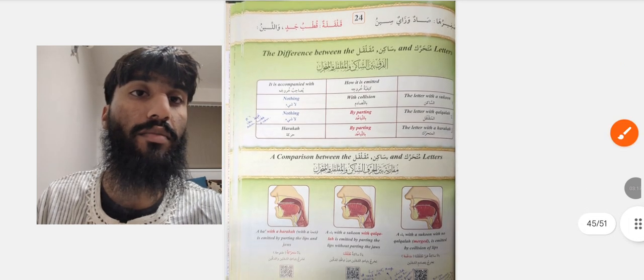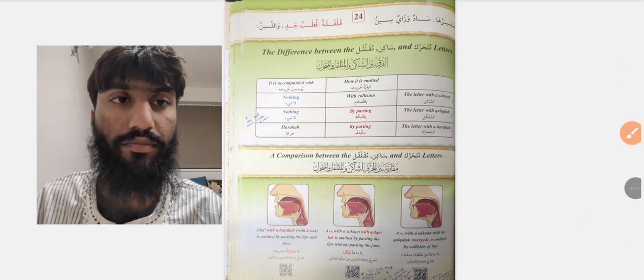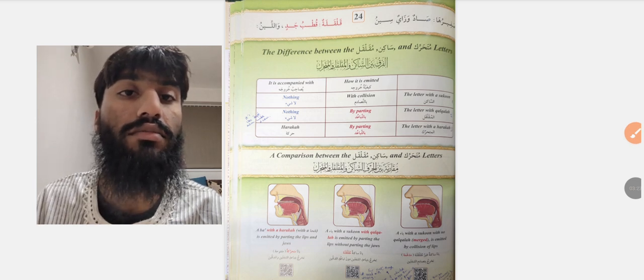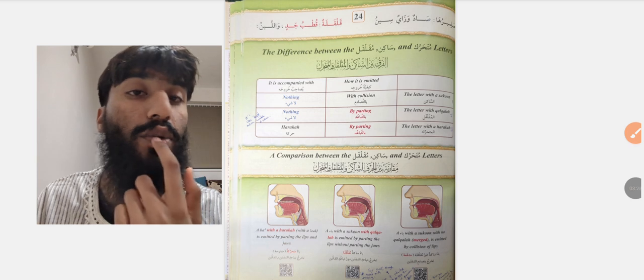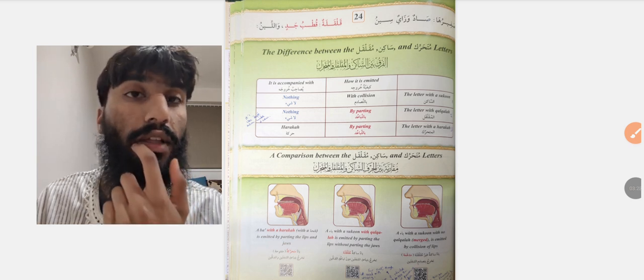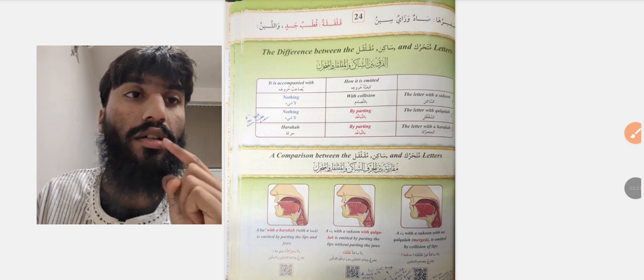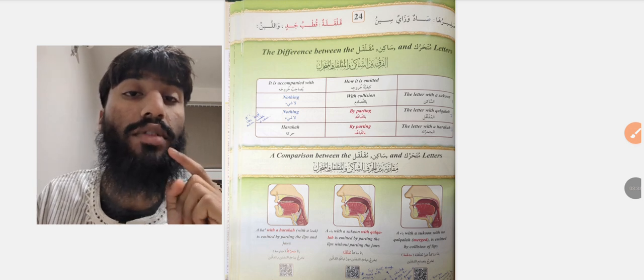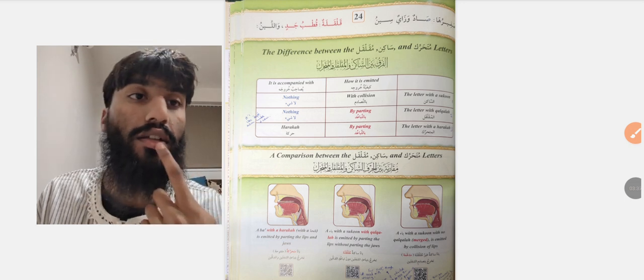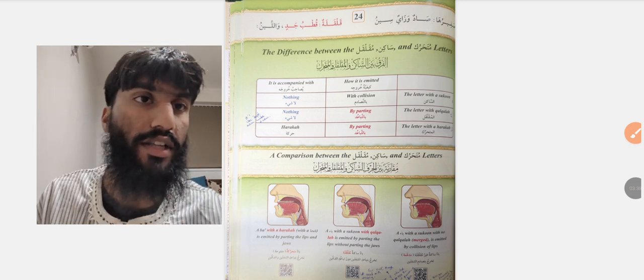That means that it would sound like this: ab, a, b, b, b. See how it's not opened at all? It's not ba, but it's a, b, b. Or ub, not ubu. There's a common mistake. And same with kasra, and we'll get into that later on.